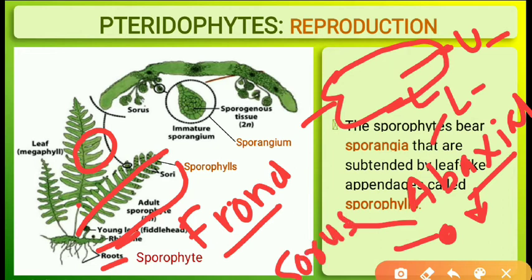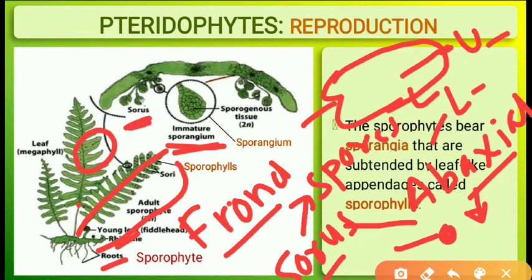Sorus, or sori. And from this sorus, spores are produced, because a sorus contains a number of sporangia. There is a bag called a sporangium. Here the name is written. I told you the sorus is present on the abaxial surface of the leaf.